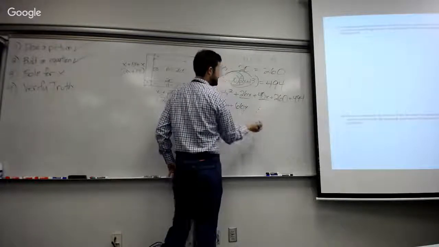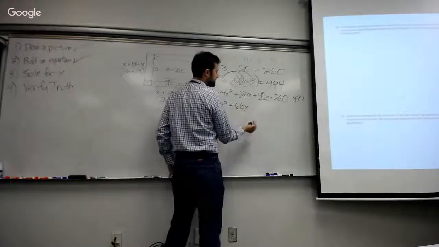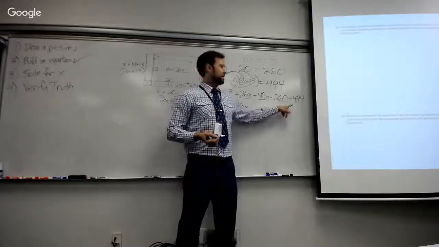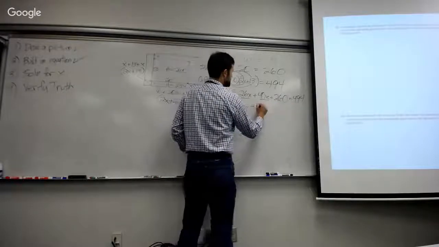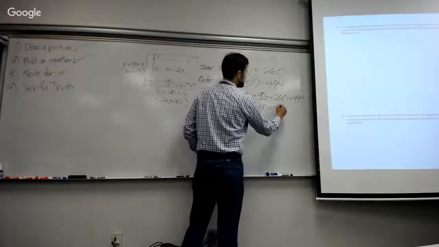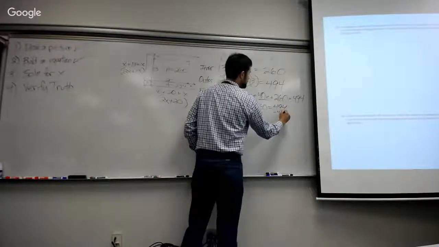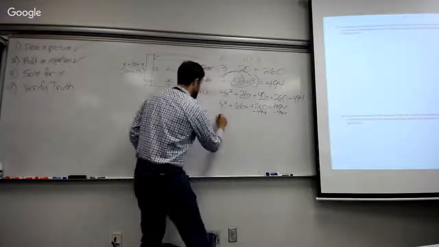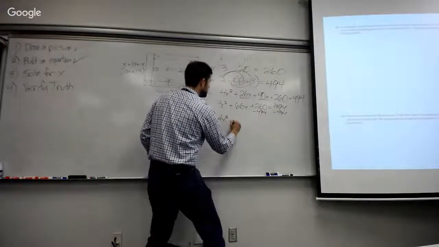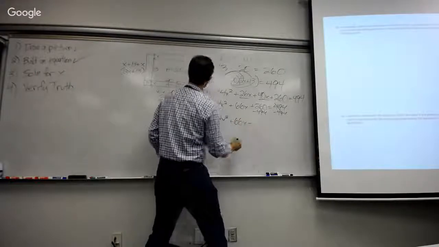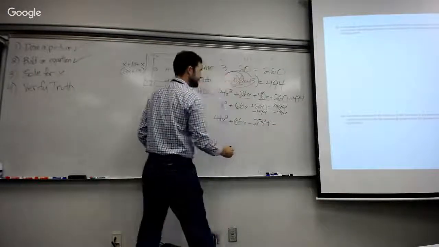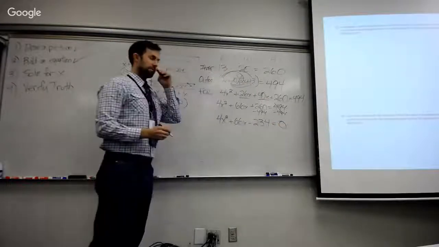Yeah. Now, I mean, we can make it in 2 steps, but I do want to go ahead and bring that 494 over. I hate to combine too many steps together. I'm just going to write my 260 equals 494, and then I'll go ahead and subtract my 494 over. Then what do we get? 4x squared plus 66x minus 234 equals 0.